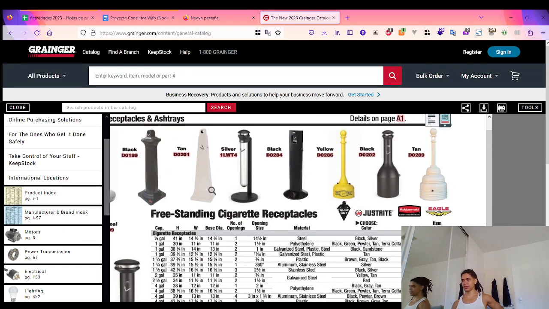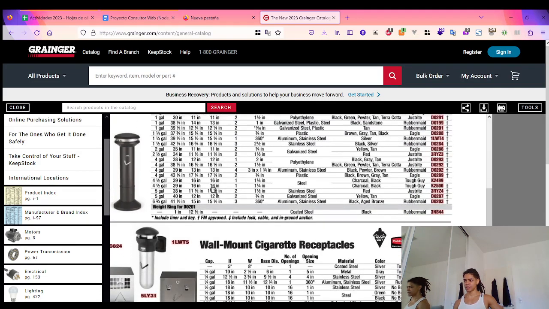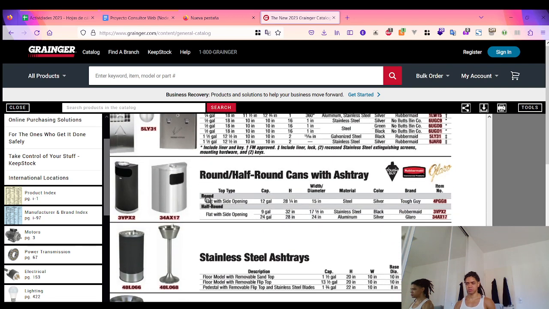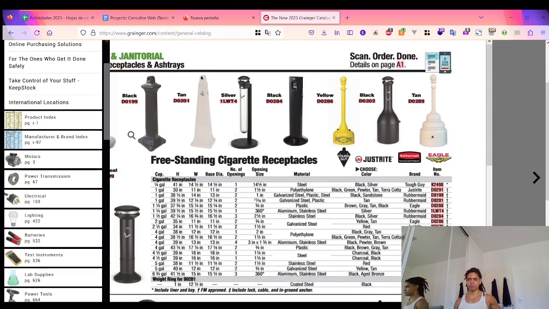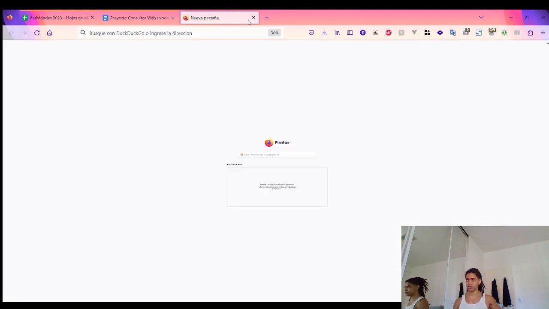Yeah, so they didn't reinvent the wheel too much, right? Businesses are going to buy this: wall-mounted cigarette receptacle, stainless steel ashtrays, cigarette receptacle drums and lids. But again, this is for wholesale e-commerce, right? So manufacturers or distributors sell their product to businesses, like Grainger or Uline.